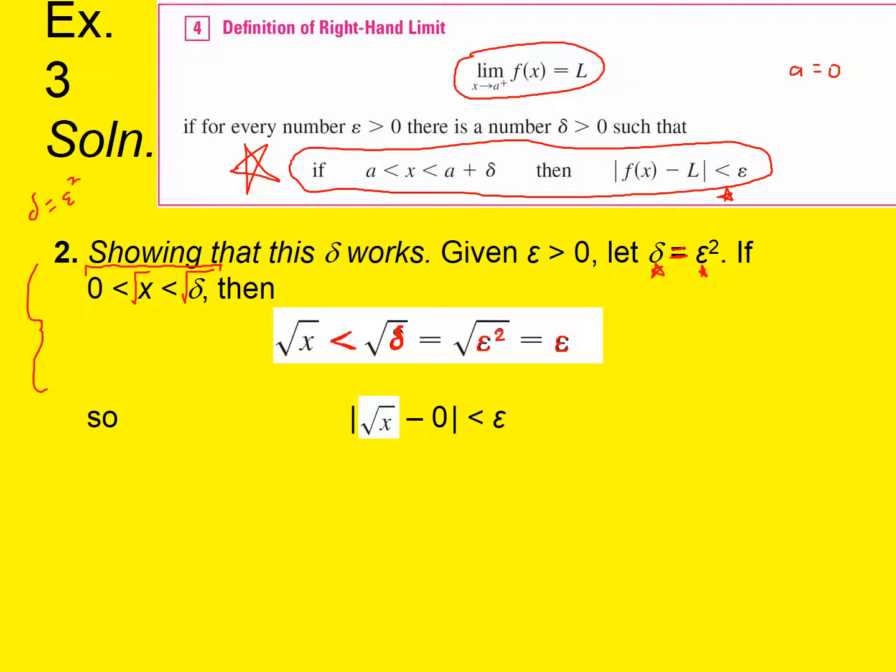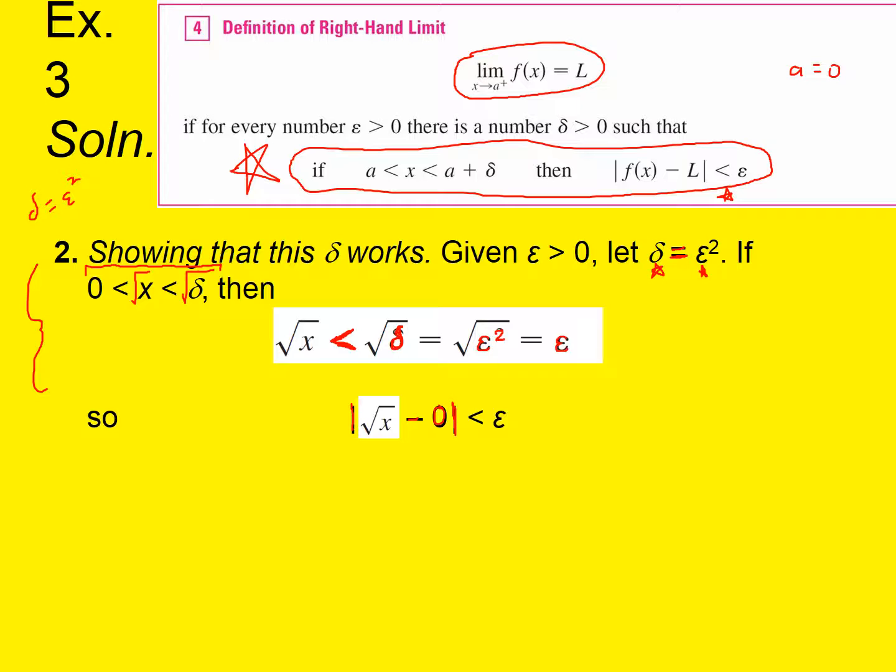Taking this clause, square root of x less than epsilon, well, square root of x is the same thing as the absolute value of square root of x minus 0, because square root of x can't be negative anyway.